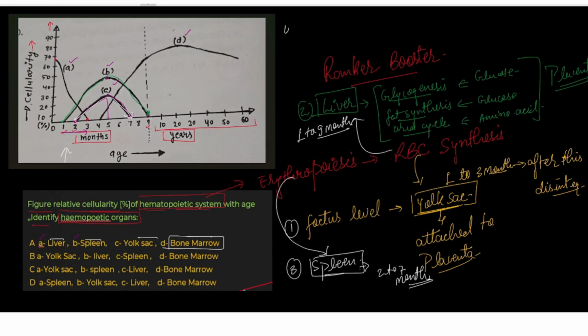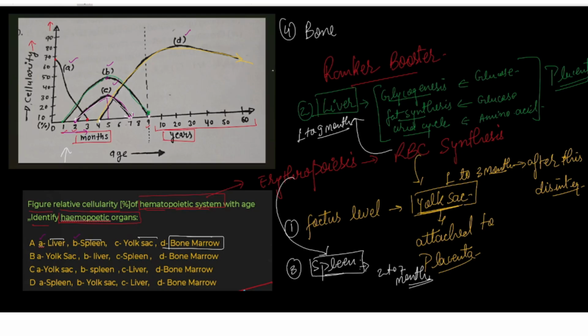And then the last, 4th one, that is the bone marrow. We know after the birth, the bone marrow will be completely growing. So it will take its responsibility for the lifetime, from the 4th month till the age is going to decline. Okay, so up to 60 years or more than that, if the person is alive, the RBC production will be slow, but not completely removed.